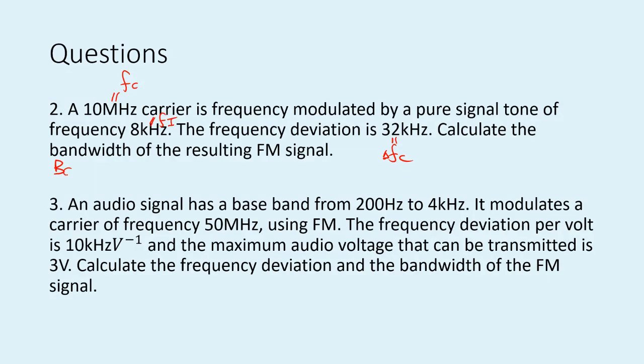Calculate the bandwidth. So we know this equation, we put our values in. We then plug it in a calculator. Make sure that your units are the same. That is important to note. And we get 80 kilohertz.